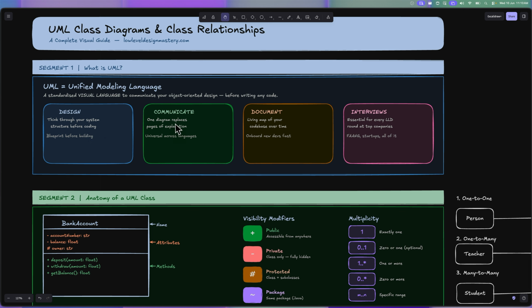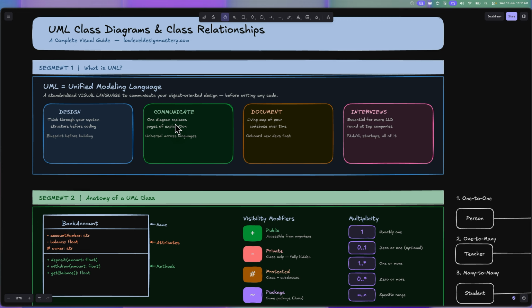The second thing is you can communicate with each other, right? You can share it with other developers on the same team, so they can also understand it easily. There is no concept of language, right? Even though the other developer's primary language is something else, this acts as a universal language. Whatever you write in UML can be communicated easily.